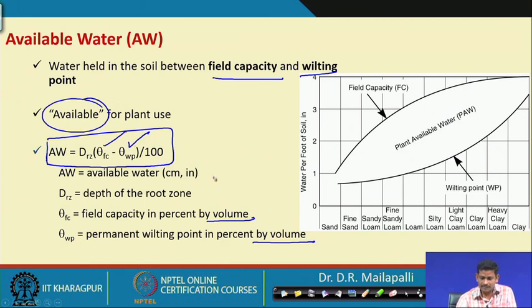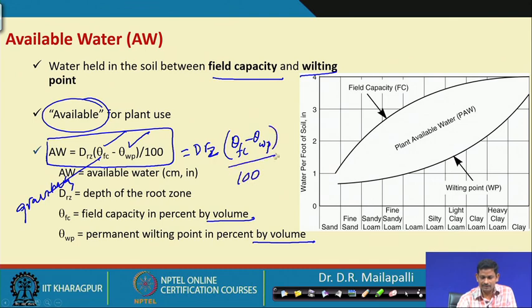So, the same equation, if this is in gravimetric, in order to convert this into volumetric basis, can be written as d or z times (theta FC minus theta WP) still divided by 100, but multiplied with bulk density. Where theta is on a gravimetric basis, gram per gram.